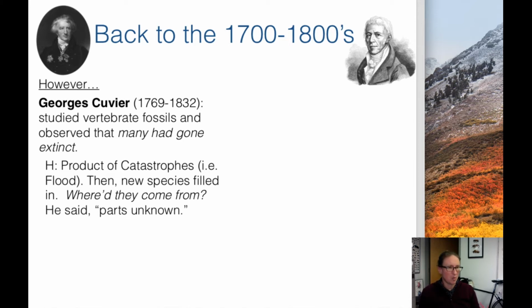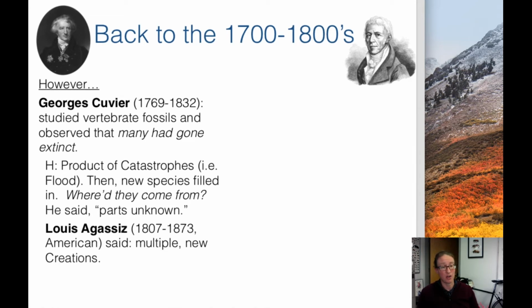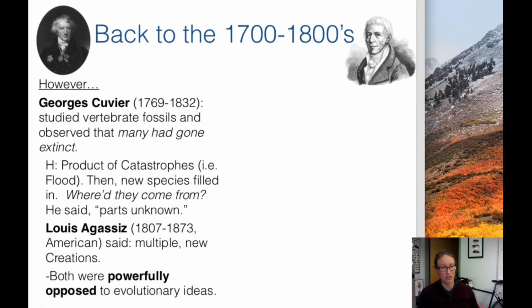And that raises another question. Well, where'd they come from? And Cuvier said, well, they must come from parts unknown. Another guy, Louis Agassiz, took that same idea and said, well, maybe this is evidence that there have been multiple new creations through time. So these two thinkers relied on supernatural explanations for some of what they observed in the natural world.